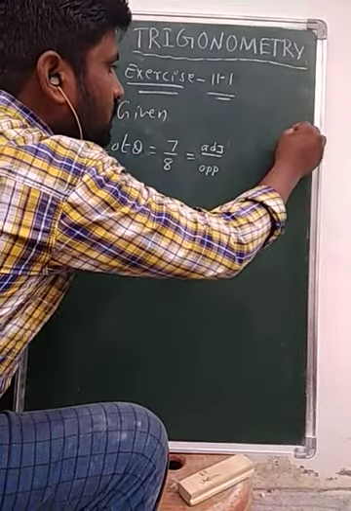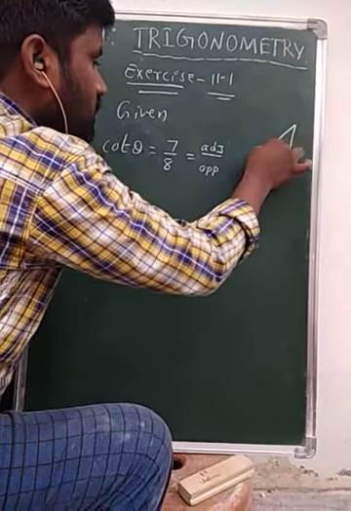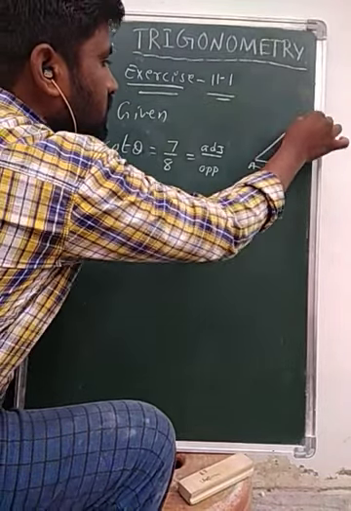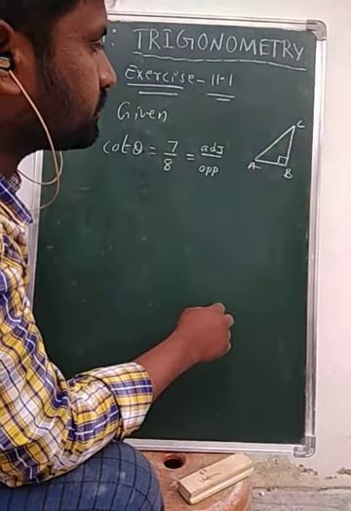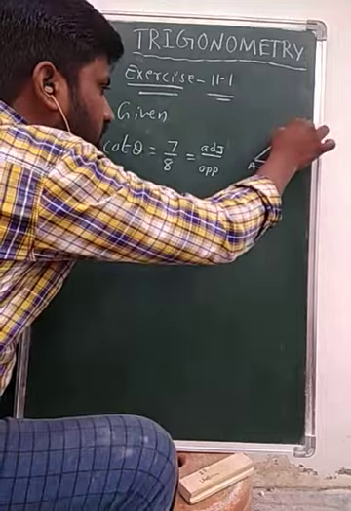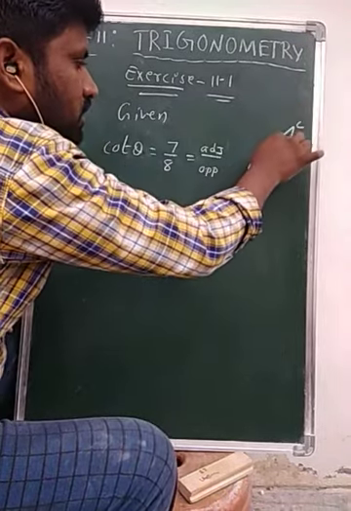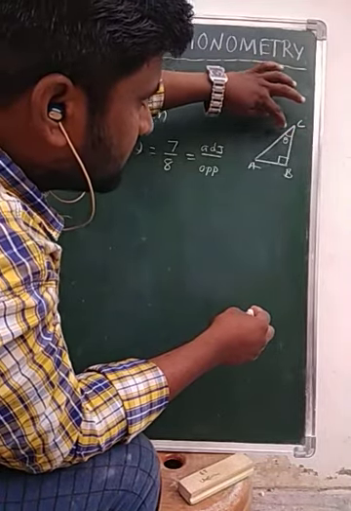So draw a right angle triangle ABC. Right angle is at B. I am taking theta here. Then the angle with respect to angle C is theta.